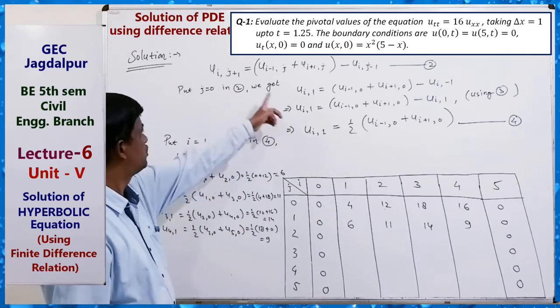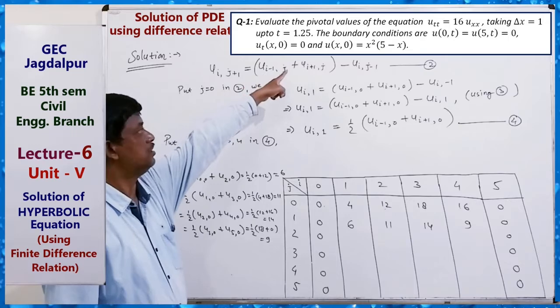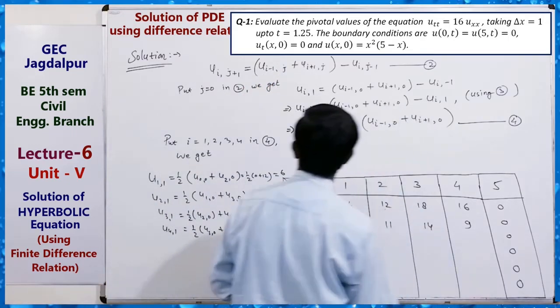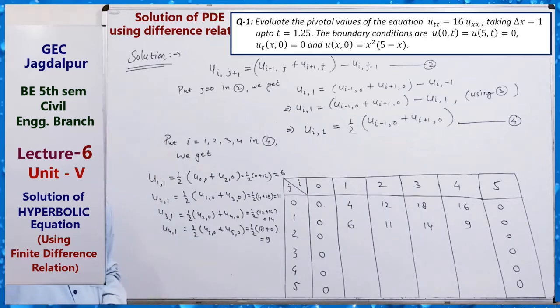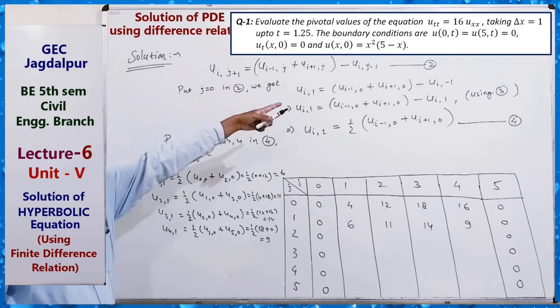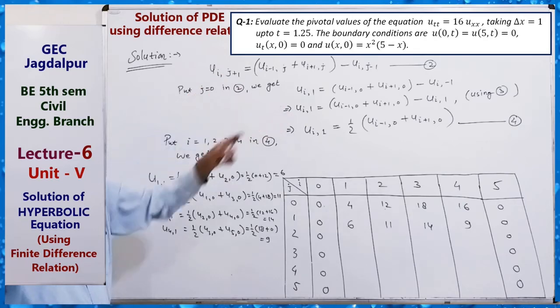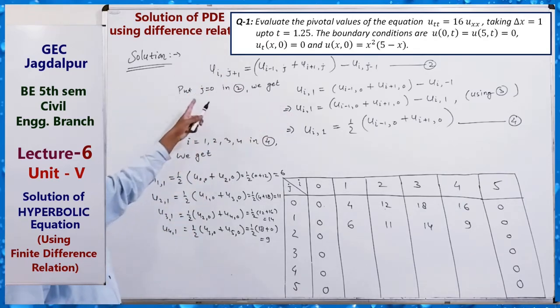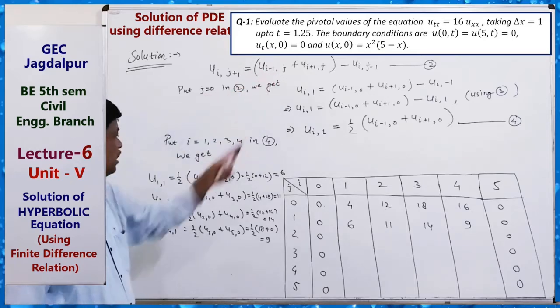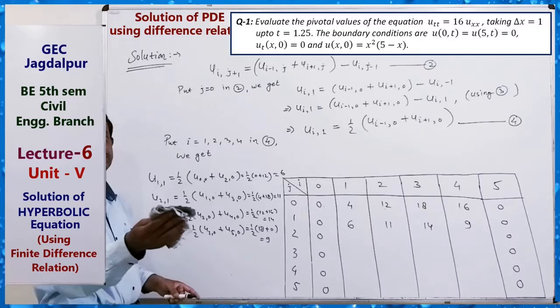Just put j equals to 1 in this second step. Second step is what? Just put j equal to 0, then in here we get this equation. And now just put j equals to 0 in this, and i equals to 1 to 3, and you can get all the values.